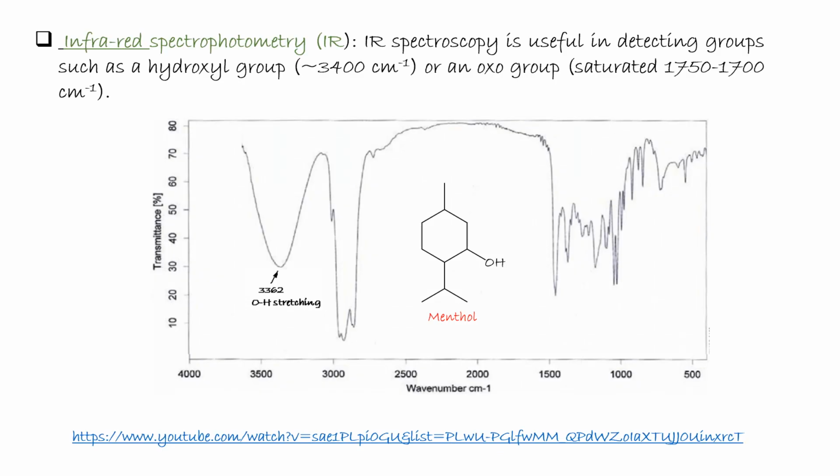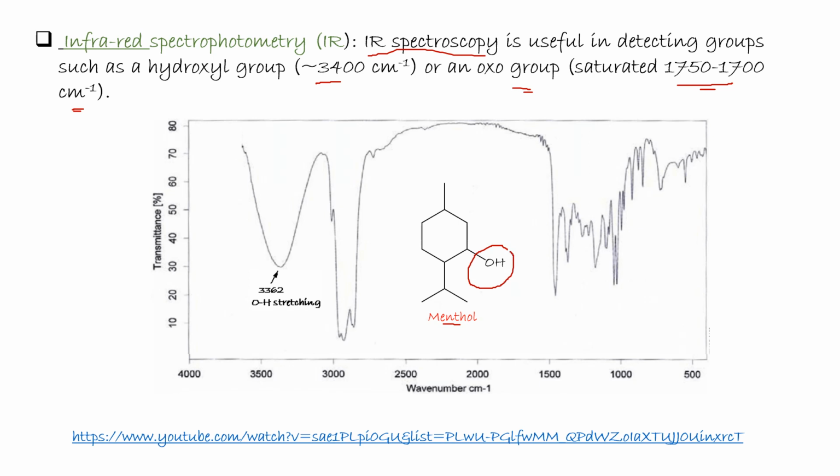The third tool is IR spectroscopy, which is useful in detecting groups such as hydroxyl group, which shows up at 3400 cm-1, or an oxo group at 1750 to 1700 cm-1. Just an example, here is menthol, which has an OH.